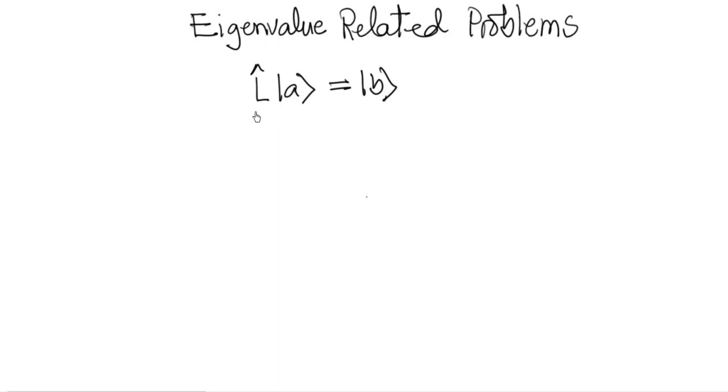Usually in a Hilbert space, there exist some vectors upon which, if a linear operator acts, it gives the same vector with a scalar multiple.